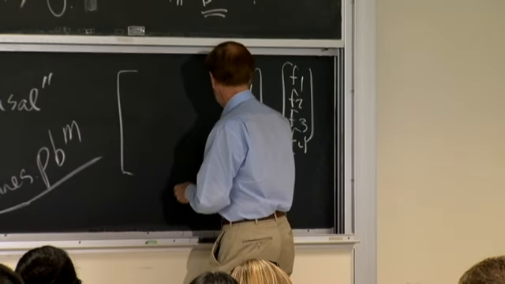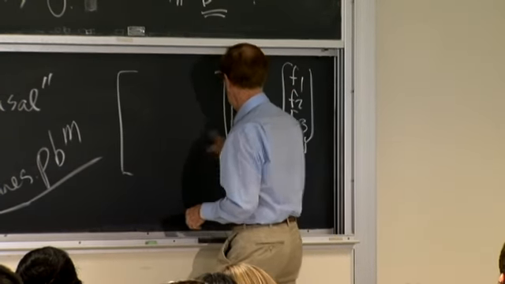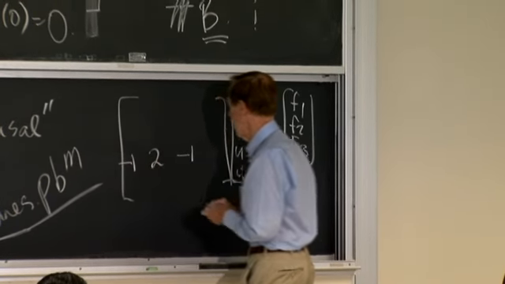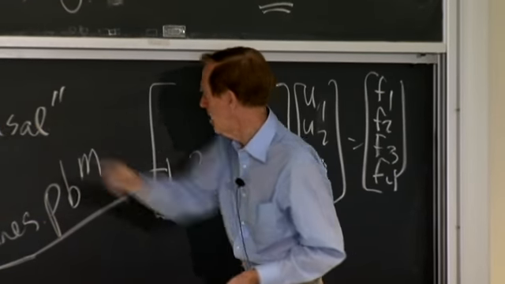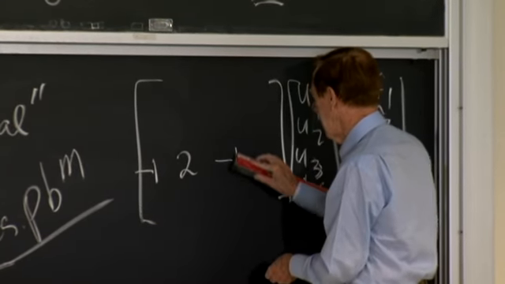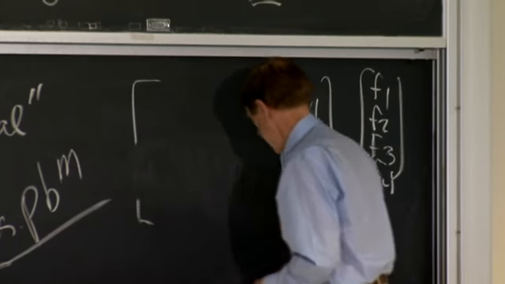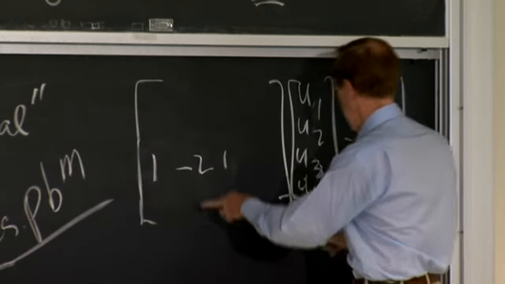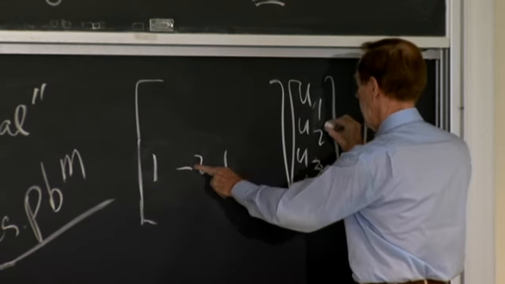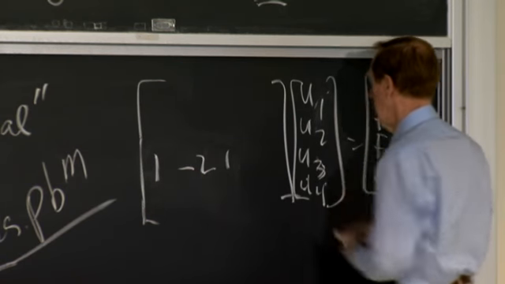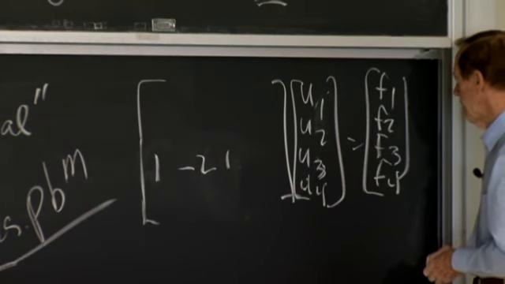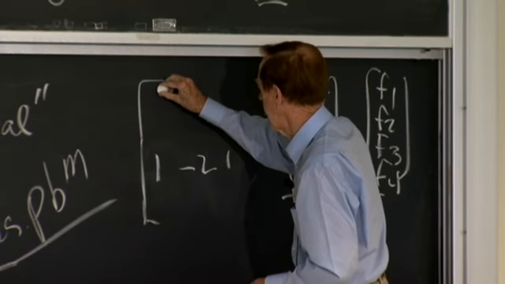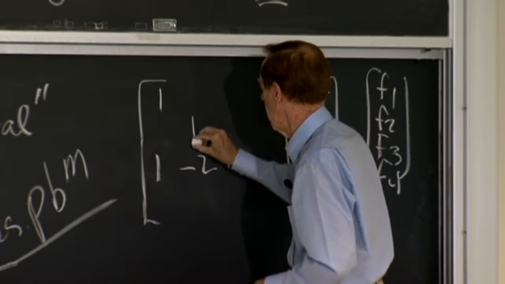I'm going to find, let's see, a typical value would be, say, U3, because I've used the plus sign. Oops, I can't make myself do it right. 1 minus 2, 1. That would say U3 minus 2 U2s plus U1 would be the new force. This is the kind of thing we're going to get. 1, maybe 1 something.